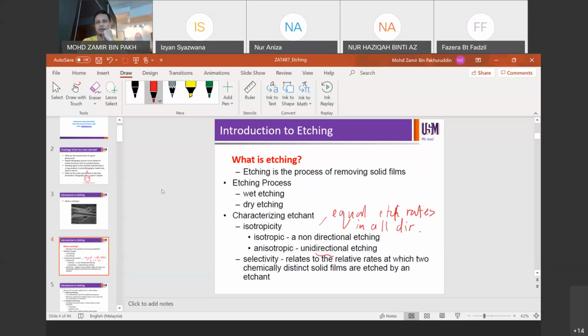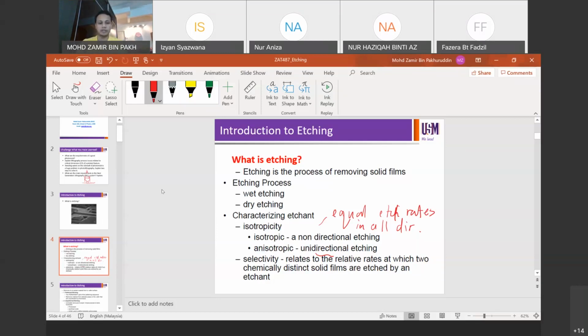Maksudnya dia akan etching, either in a wet etch environment or dry etch environment, it's going to etch your material, resist ke, silicon ke, oxide ke, nitride ke, in a unidirectional nature. Ataupun dia ada specific direction yang dia akan etch more than other directions. So in that case, the etch rate is not equal in all directions, but it's higher in one direction and lower in other directions. We call that an anisotropic etch, right? So isotropic equals in all directions, and anisotropic not equal in all directions.